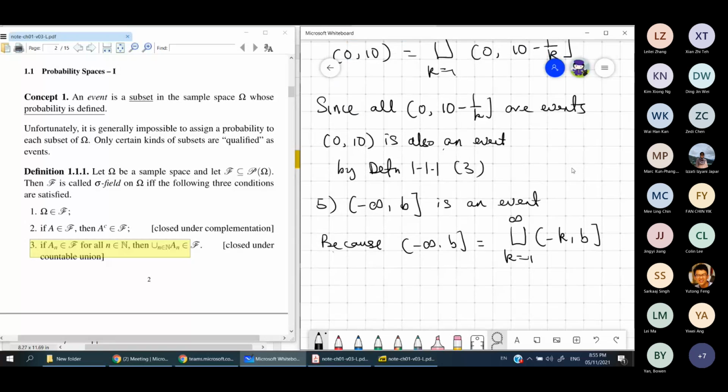And again, this is an open closed interval, right? So again we have the same. Since these are events, because of this and this, these are events, that's why we can have this statement. This one is an event.